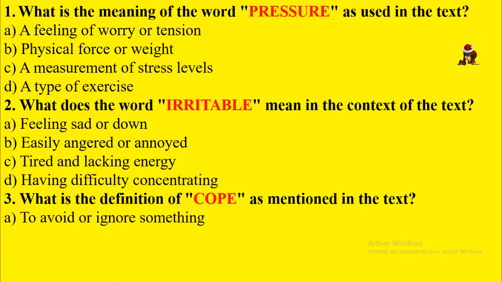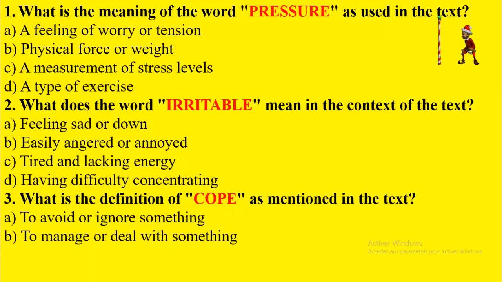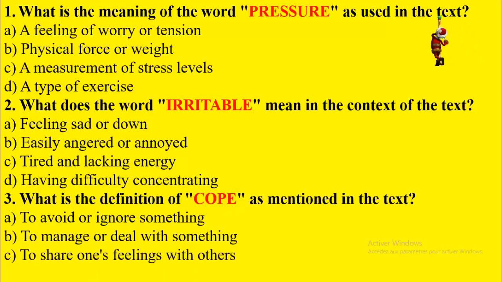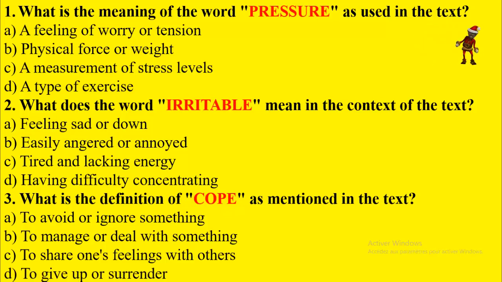A. To avoid or ignore something. B. To manage or deal with something. C. To share one's feelings with others. Or D. To give up or surrender. Now put your hand on the pause button, take your text, read again, and give answers.